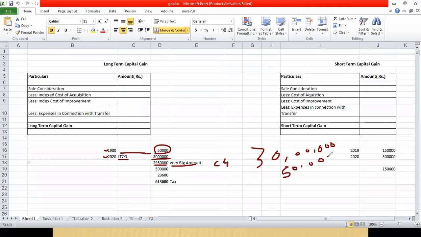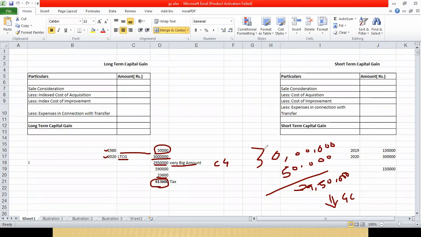Assume there is no other cost. So 29,50,000 will be the long-term capital gain. Very big amount, no? On this, if you calculate 20% tax and 4% education and higher education cess, it will amount to 6,13,600. So this much tax a person will have to pay.